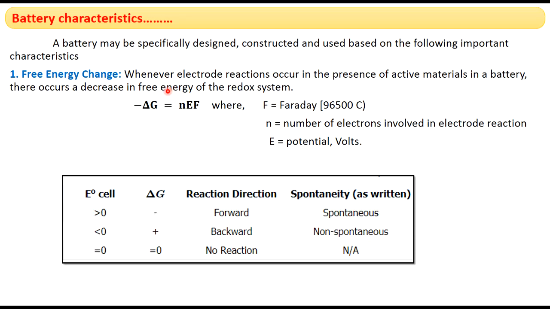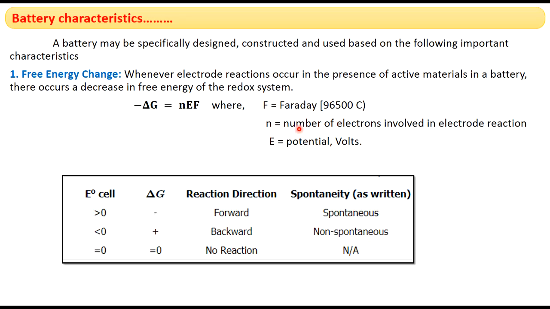This can be represented as minus delta G equals nEF. Here, F indicates the Faraday, that is 96,500 coulombs. n indicates the number of electrons involved in the electrode reaction, and E indicates the potential, that is in volts.